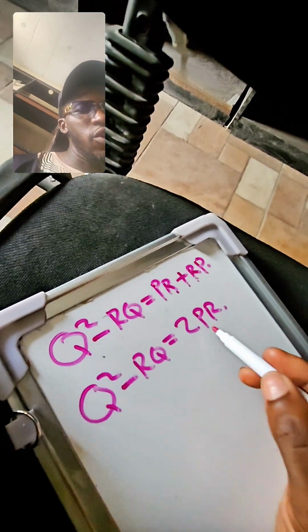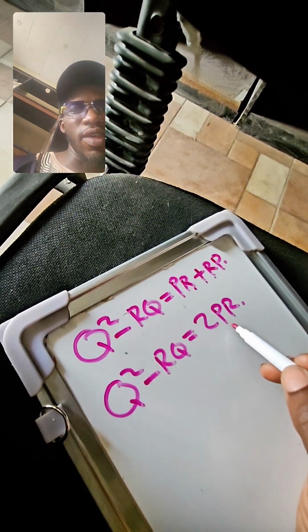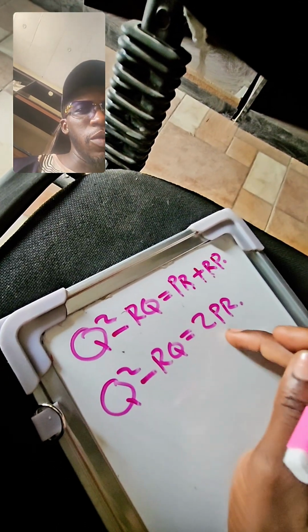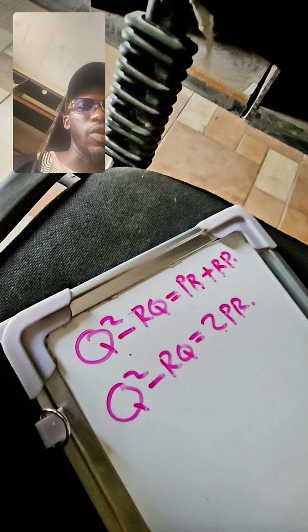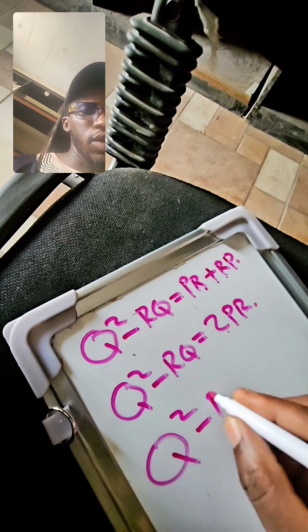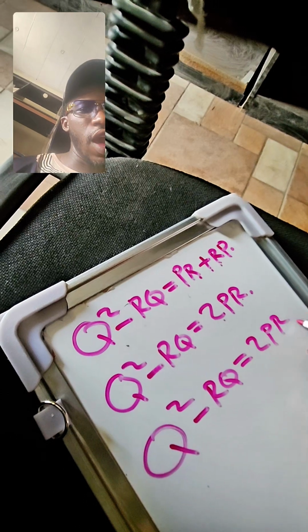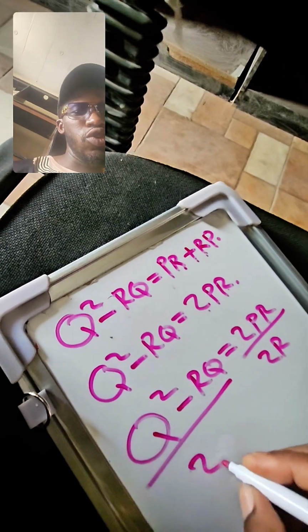Now your target is to make P the subject. Now you have only one P here, so all you need is just to divide both sides by the coefficient of this P, and the coefficient of this P here is 2R. So now you have Q squared minus RQ equals 2PR all over 2R, and here also 2R.